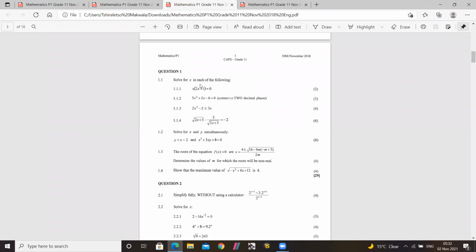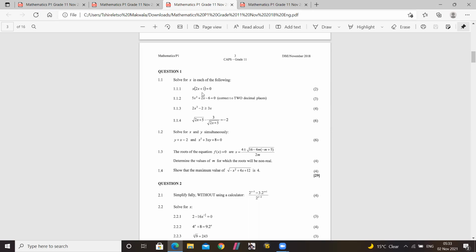So the first thing in algebra, solve for x, right? So let's do this question 1.1. So solve for x. Do you see more questions like this one? You look at the mark allocation first. Do you see it says 2 marks? It means that solving this problem shouldn't take more than 2 steps.